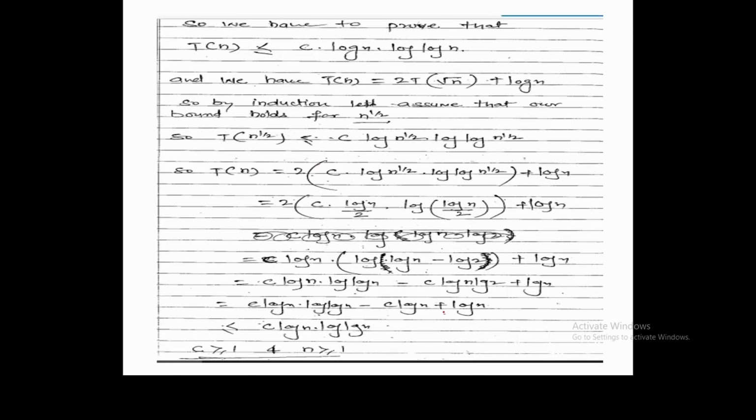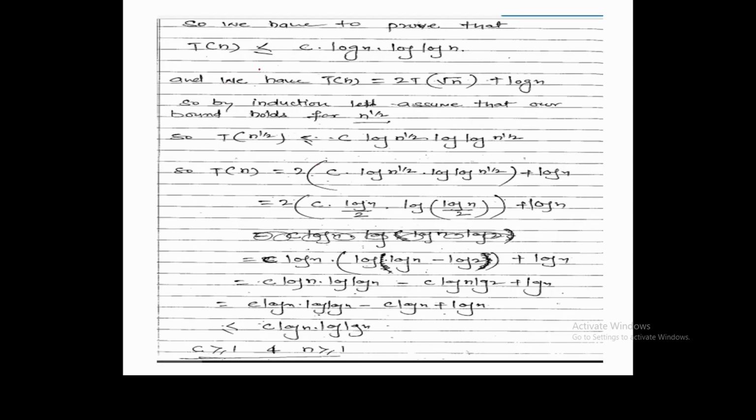Now we will prove this by the induction hypothesis. As we are just finding the upper bound, T(n) must be less than or equal to c log n log log n, which is the solution we guessed here. And this is the main recurrence relation, T(n) = T(root n) + log n.